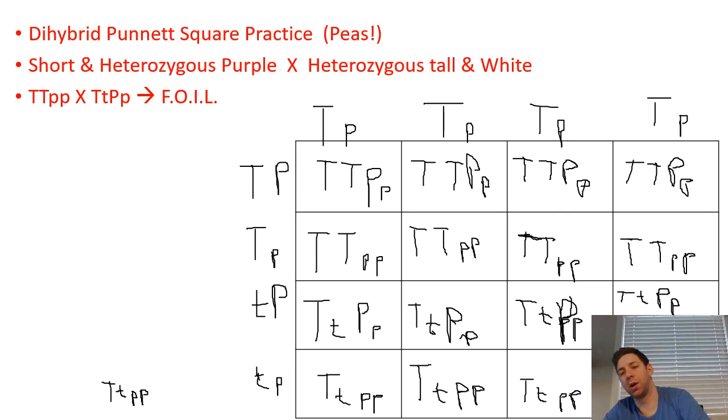Okay, incredibly messy, but those are my 16 outcomes.